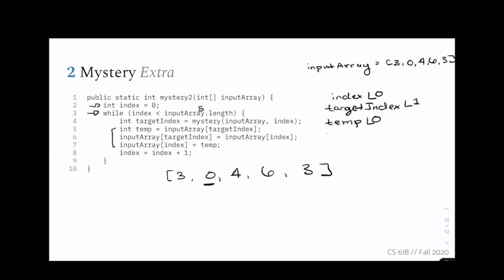Then we set input array at the target index to be equal to input array at index, which means this is going to be set to 3. And good thing we made that temp variable so we don't lose the 0. We set input array at index to be equal to temp, which is 0. And then we increment the index.